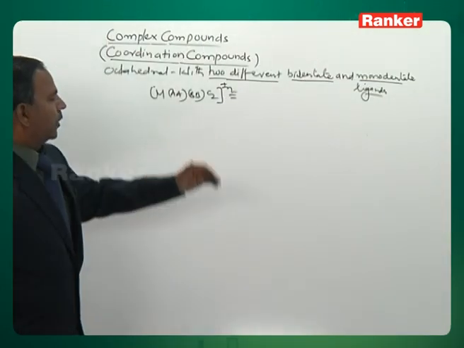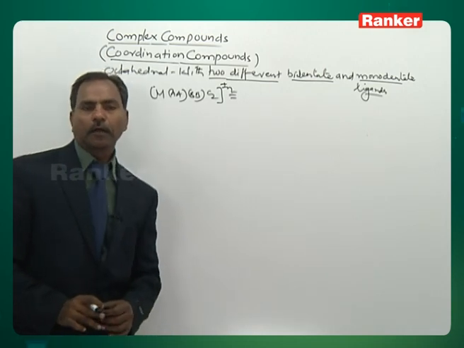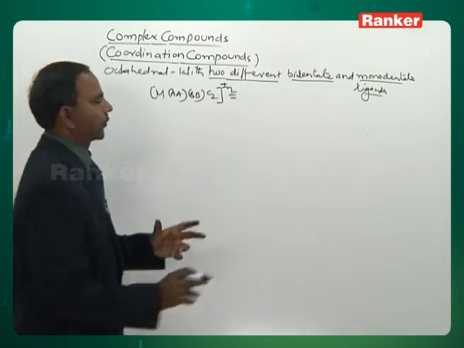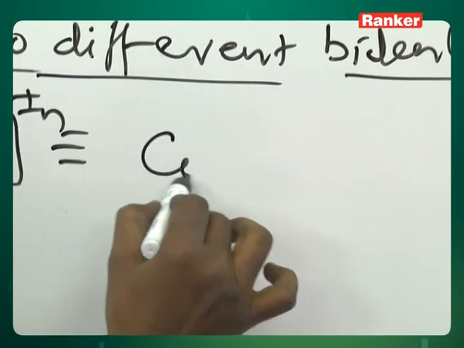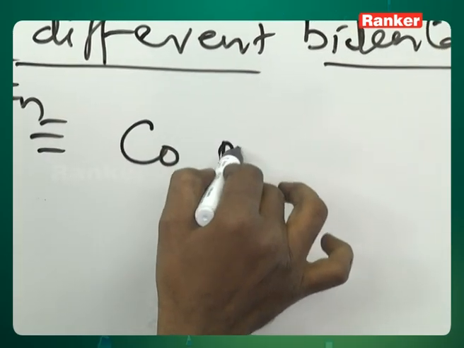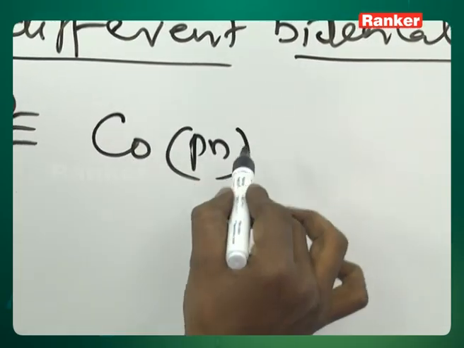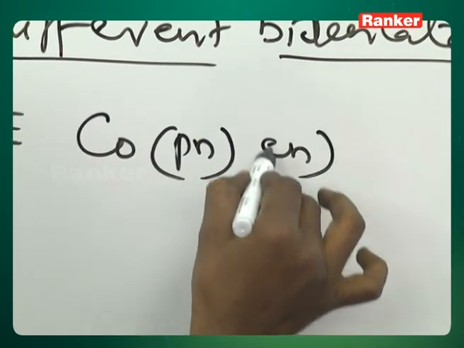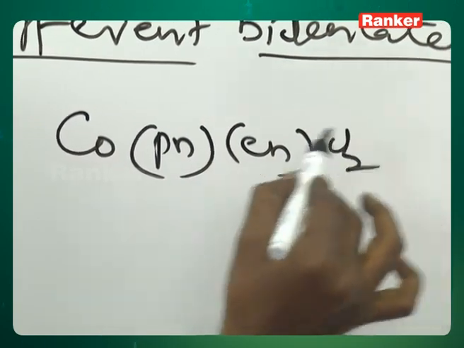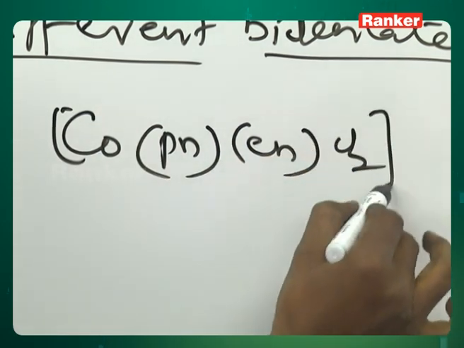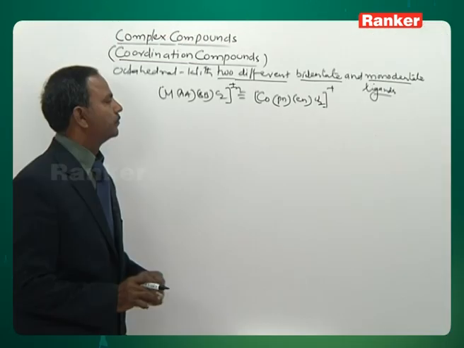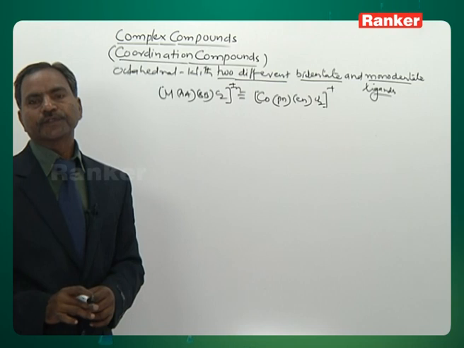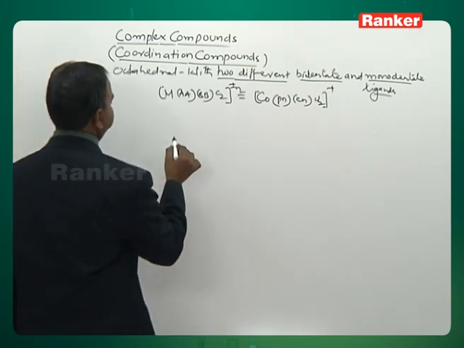Now let us see a real example on this particular MA2BB, two different bidentates. Look here, Co, one you take pn, the other you take en, pn and en, and you take Cl2. For this you can write again cis and trans.